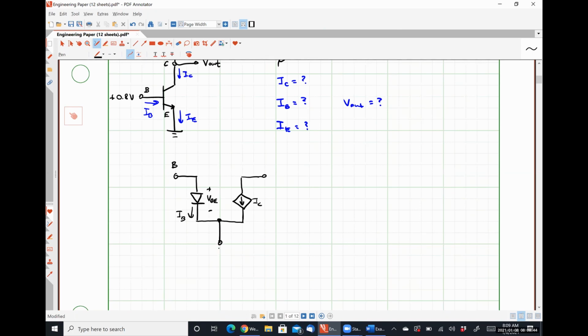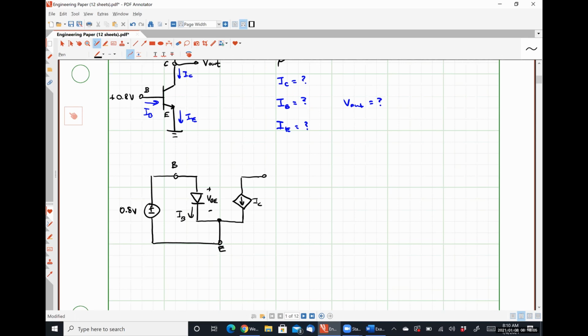Here is my emitter terminal, so I'm starting there. Between the base and emitter terminal, I have a voltage of 0.8 volts applied. So I'm going to throw a voltage source over here with 0.8 volts.